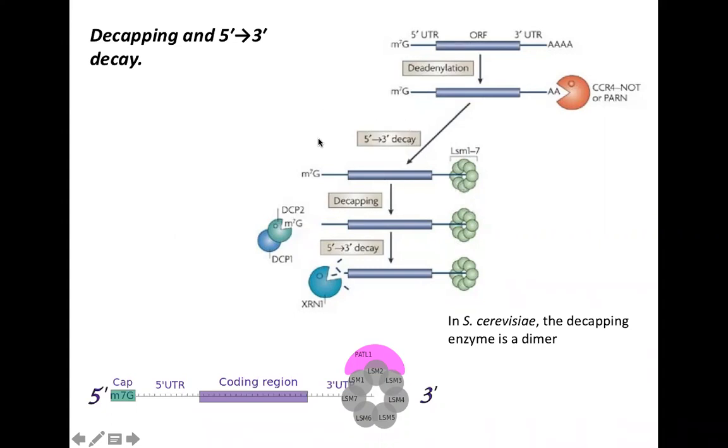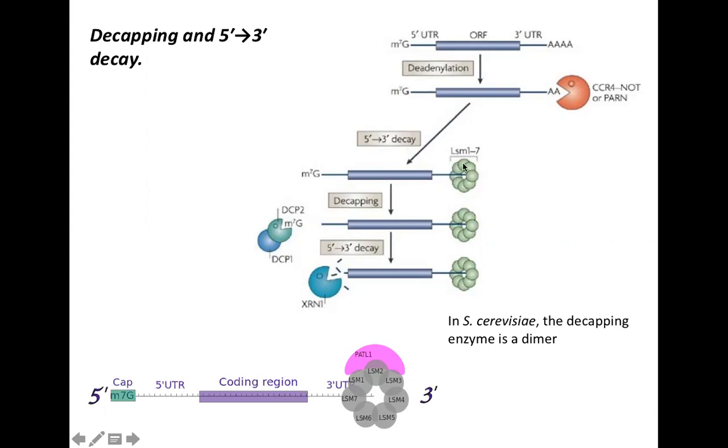To do this, after removal of the poly A tail, we need a signal that triggers degradation from the 5' end.